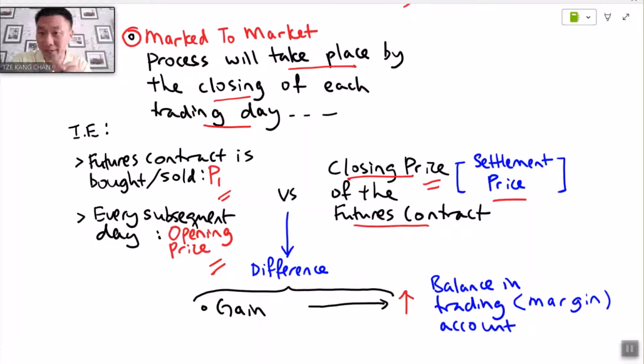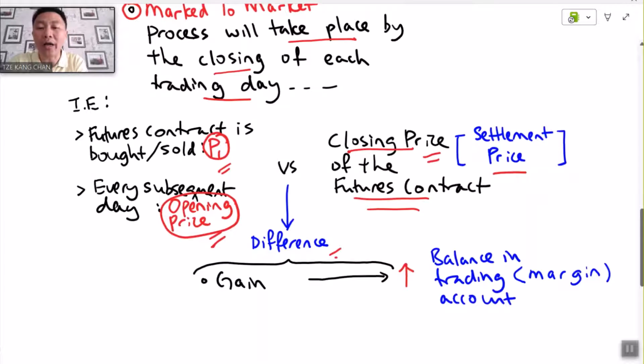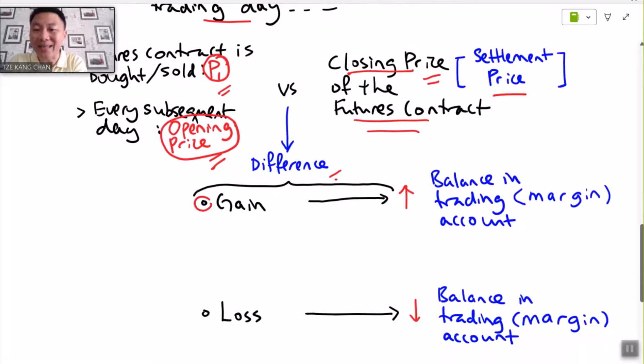So at the end of that subsequent day, the same comparison will be made. In conclusion, at the end of every trading day, when the price that you can see over here is different from the closing price, the difference will give rise to either a gain or a loss in the futures contract position.